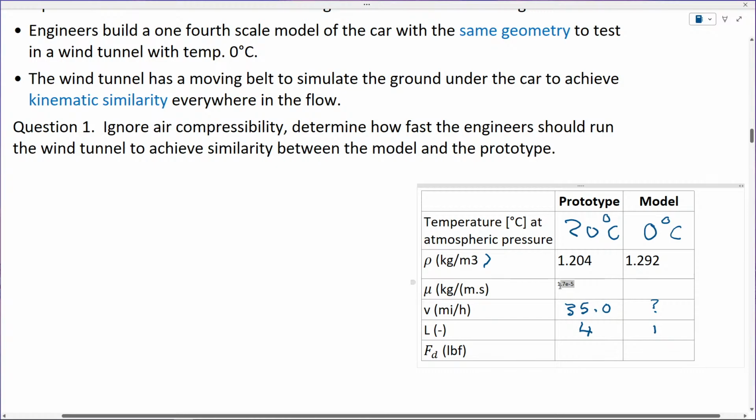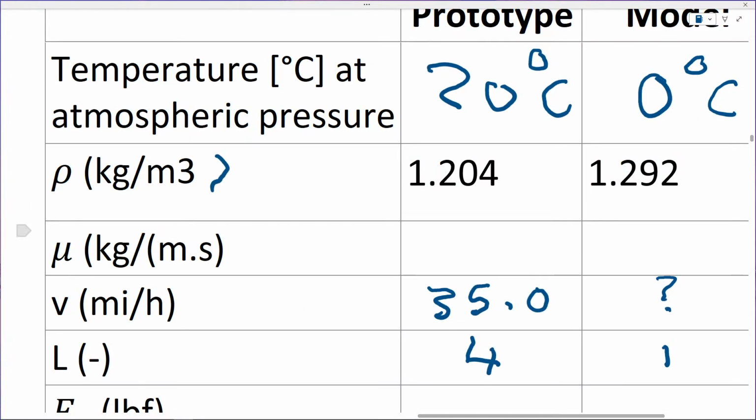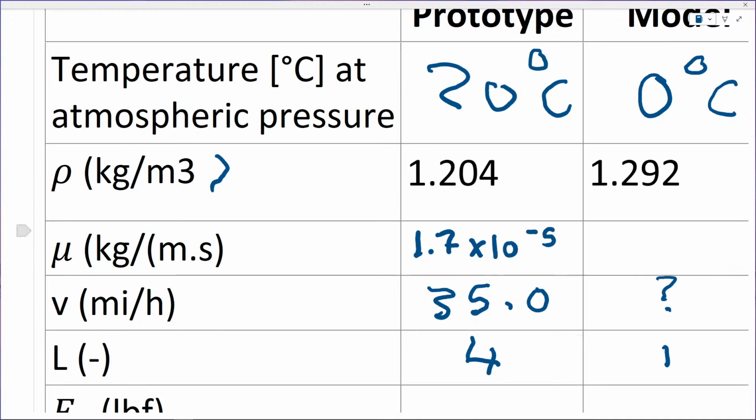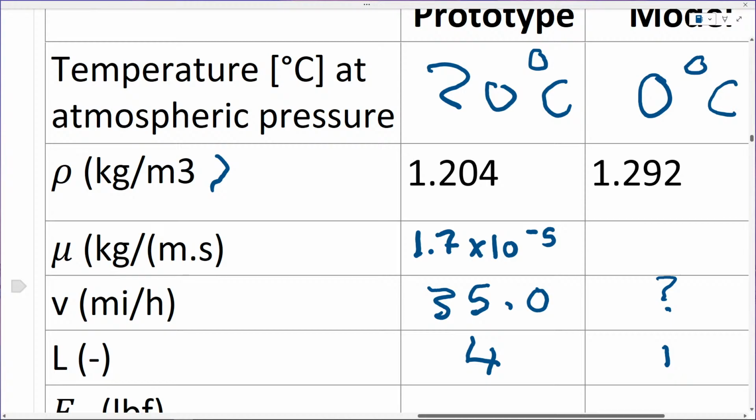Let me write it down. So here, that's 1.7 e to the power minus 5. And here, that's 1.8 10 to the power minus 5.